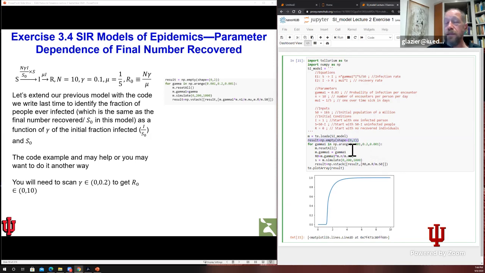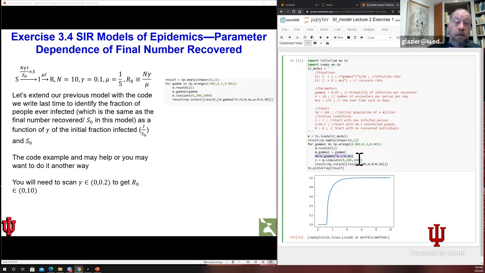My gamma is a 50th of the R value I want. So I have to set gamma from 0 to 0.2 if I want to go from 0 to 10. I reset my parameters. I assign gamma from my loop.